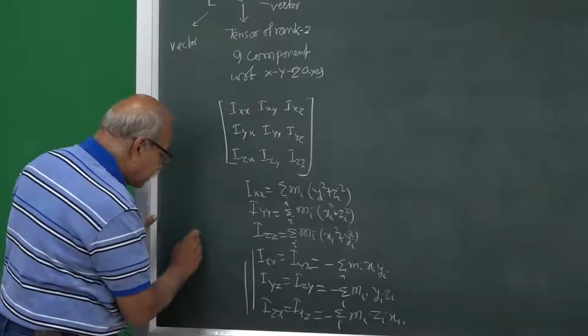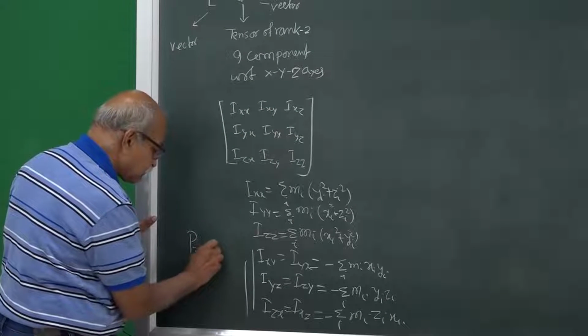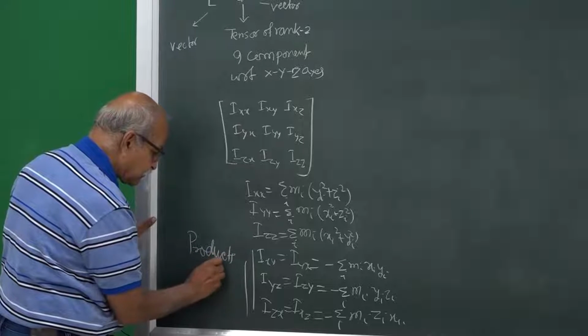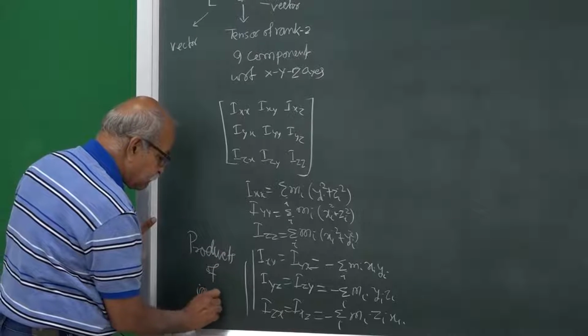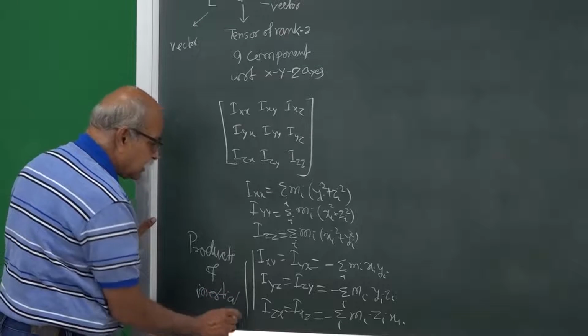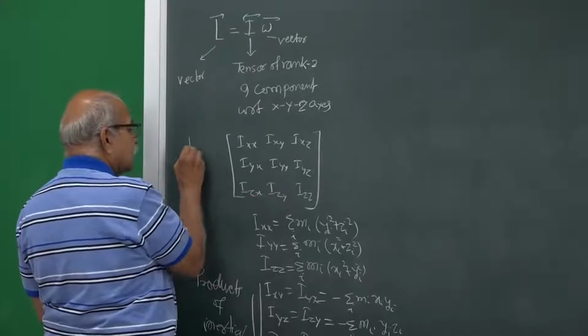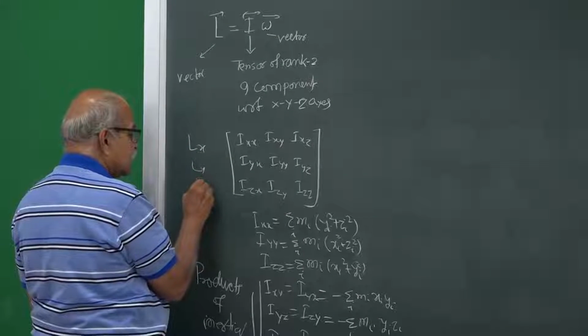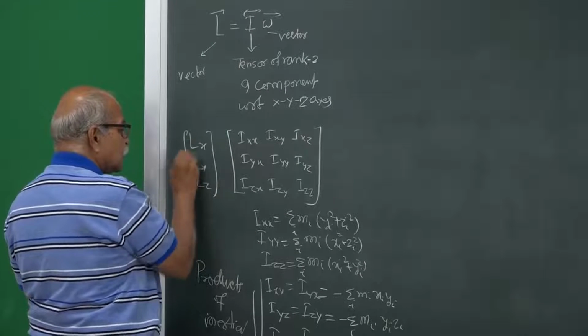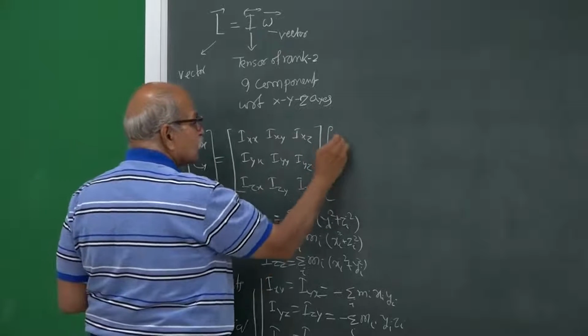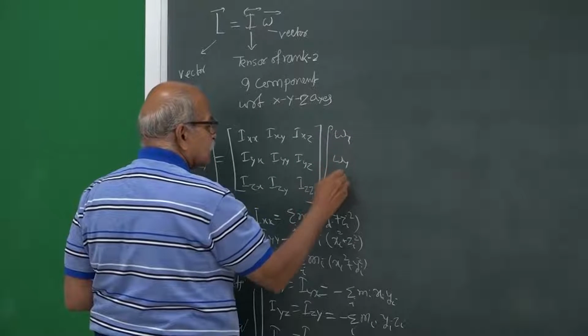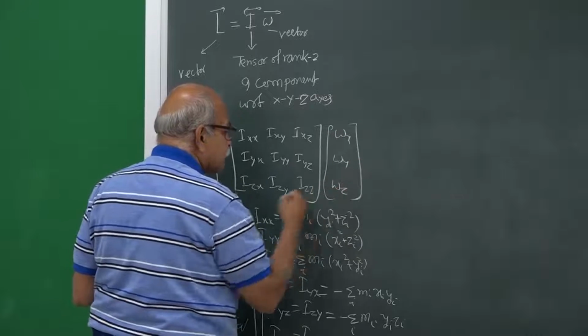These are called products of inertia. And this L vector is the column L x, L y, L z, and here it is omega x, omega y, and omega z.